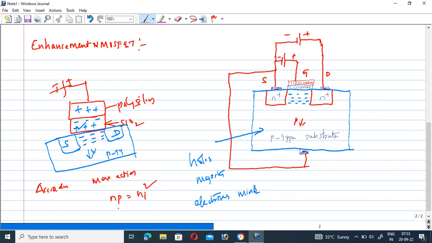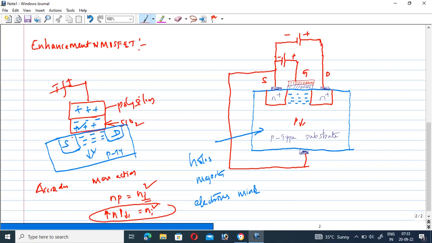That means as p decreases, the n value must increase to satisfy this relation for semiconductor materials. If the hole concentration decreases, the electron concentration must increase. Therefore, more electrons are present in the corresponding channel region.